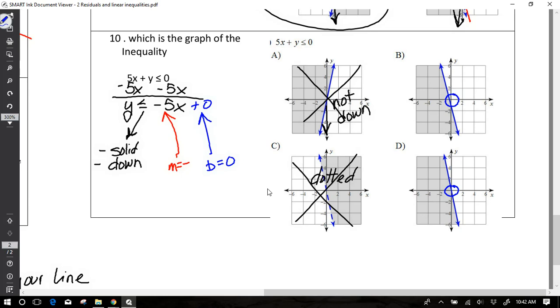If I look at B, I can see that the exact center 0, 0 is up there. And my line falls a little below that. In D, it lands exactly on the center. So right here, b does not equal 0. In this one, the b does equal 0. So it's not going to be B. It's got to be D. D is my final answer.